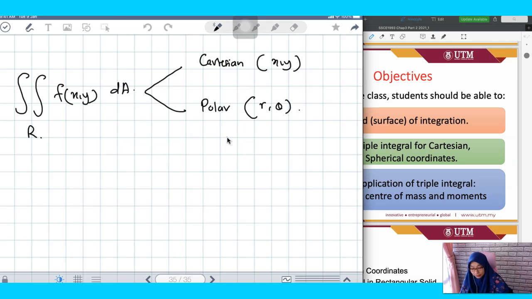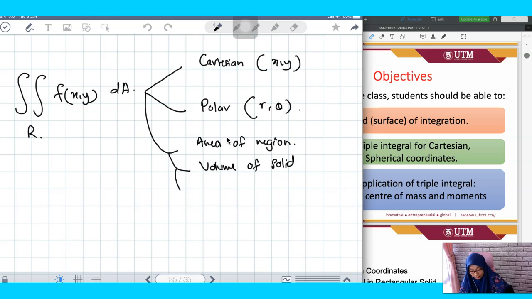What we have done in the double integral, you have looked at applications where you can obtain the area of a region, and also evaluate the volume of a solid.